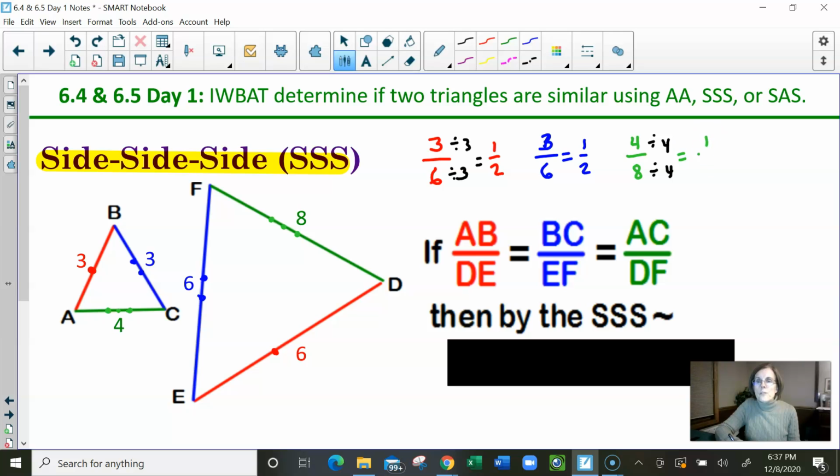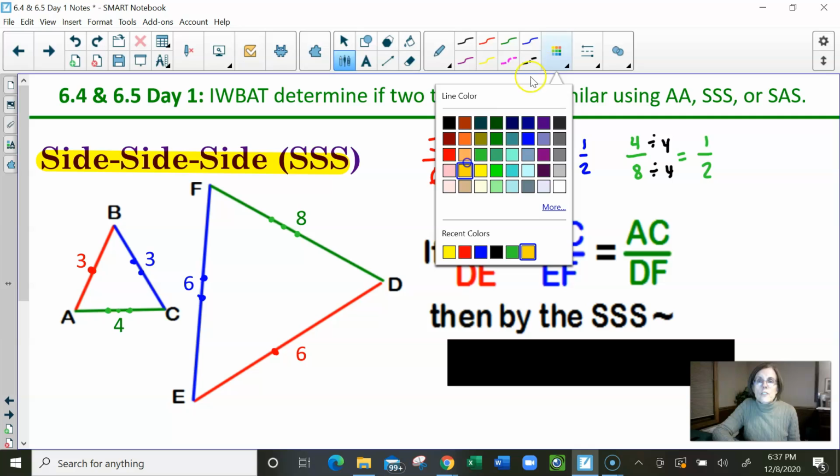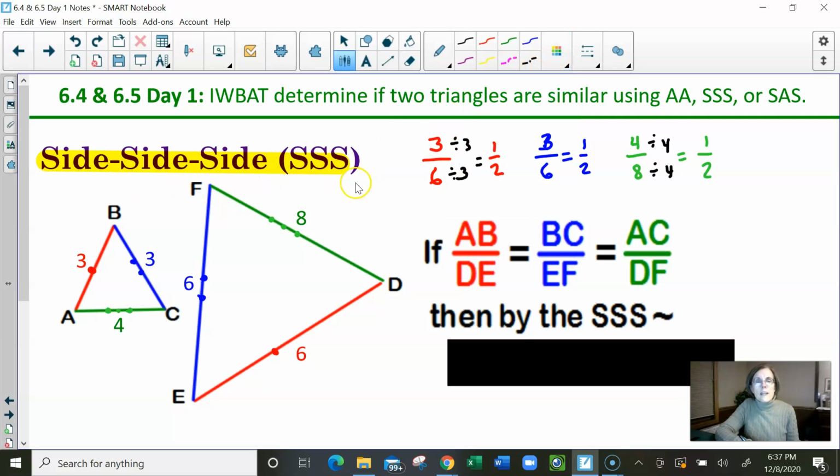That ratio is also 1/2. So in order for us to use the side similarity shortcut, all 3 pairs of corresponding sides have to be proportional, which means their ratios are equal. All 3 of these fractions are the same.